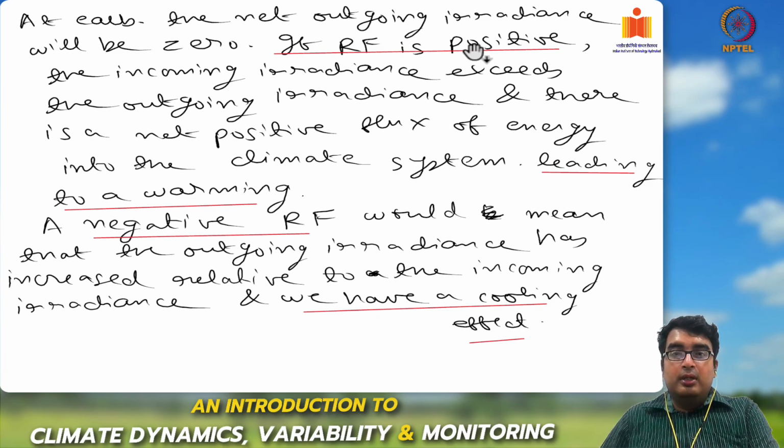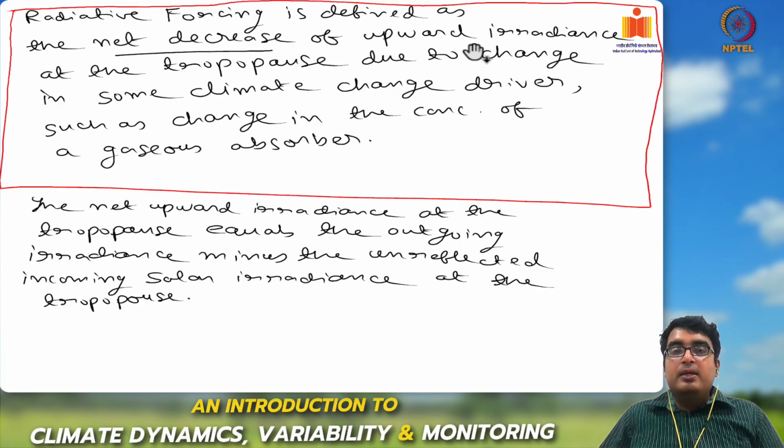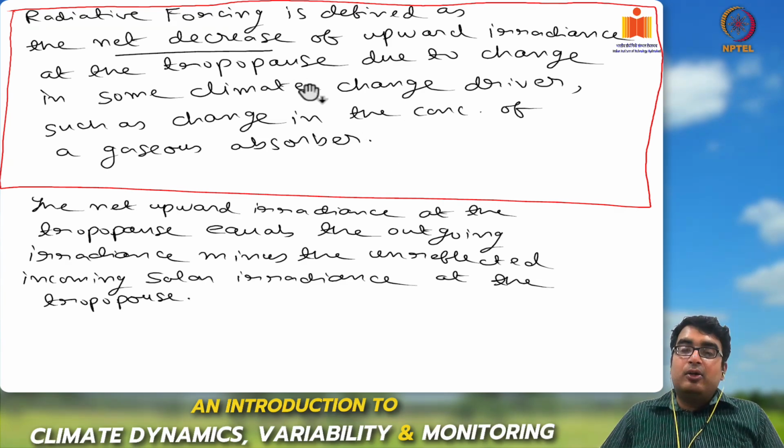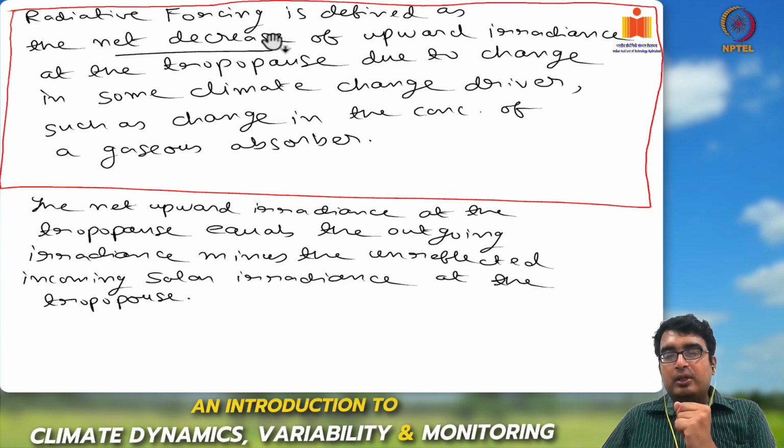So, if you go back to the definition, if a climate change driver has been altered, like say the concentration of a greenhouse gas has increased, and the corresponding radiative forcing for that driver is positive, what this means is you will have a net decrease in the upward irradiance at the tropopause level. So, the climate system is going to heat up and its temperature is going to rise.